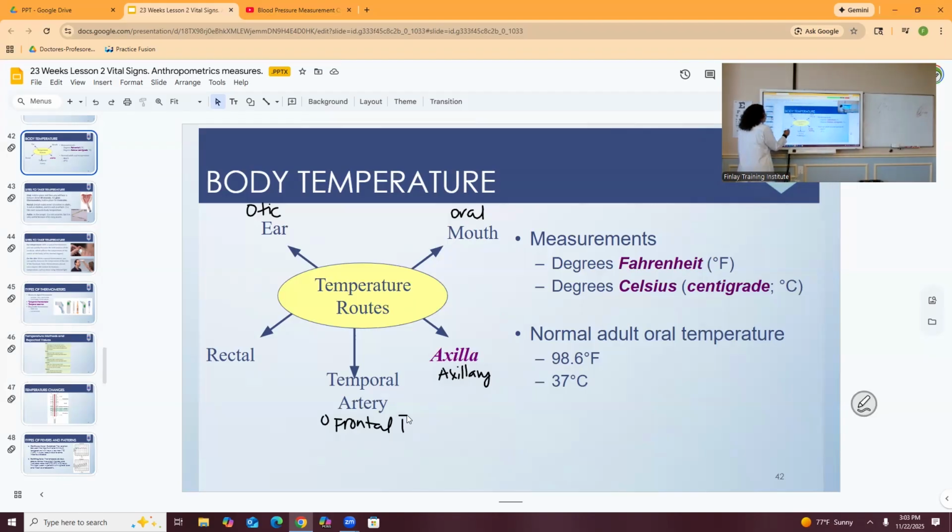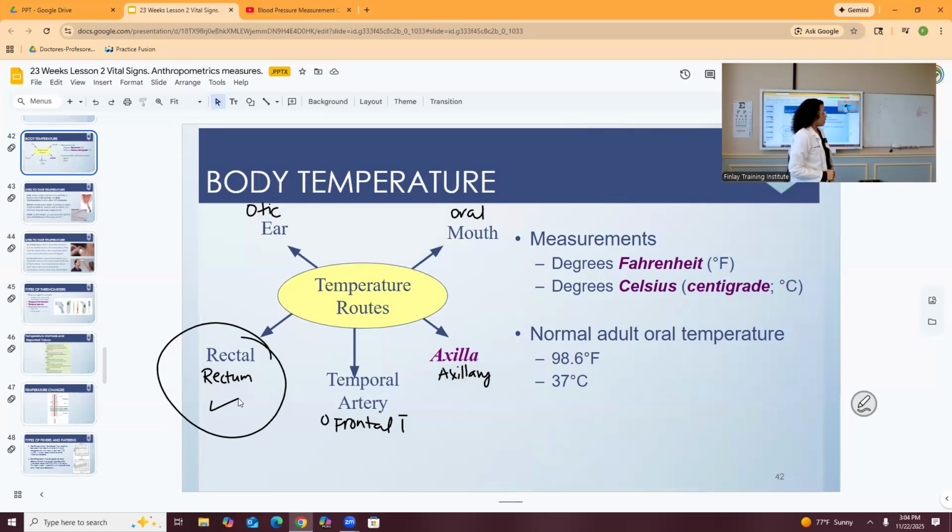And then we're going to have the rectal. Like the word says, we're going to place a thermometer inside of the rectum. From all these areas where we can take the temperature, rectal is the best way because it's inside of the body.